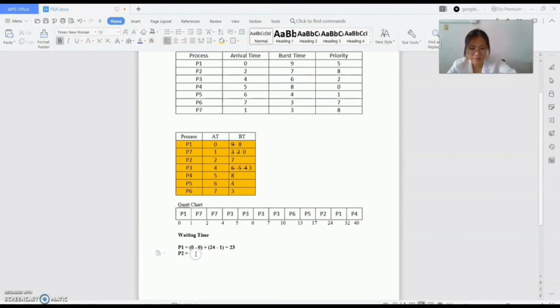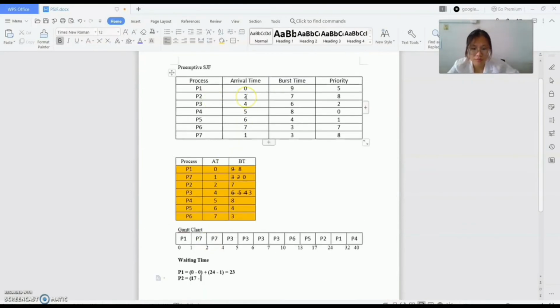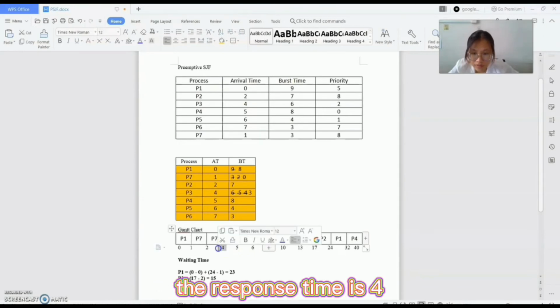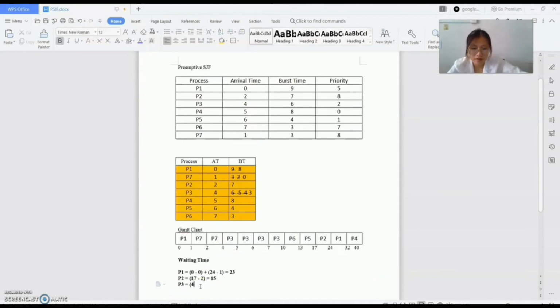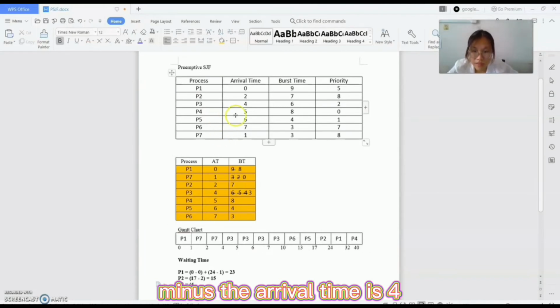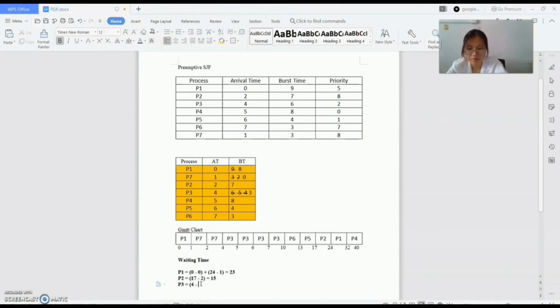For P2, the response time is 17 minus the arrival time is 2, equal to 15. For P3, the response time is 4 minus the arrival time is 4, equal to 0.